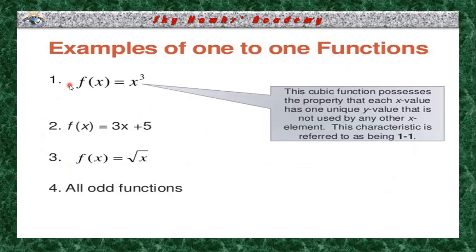Now you can see these may be of any degree. f(x) is equal to x cube. This cubic function possesses the property that each x value has one unique y value that is not used by any other x element. This characteristic is referred to as 1 to 1.